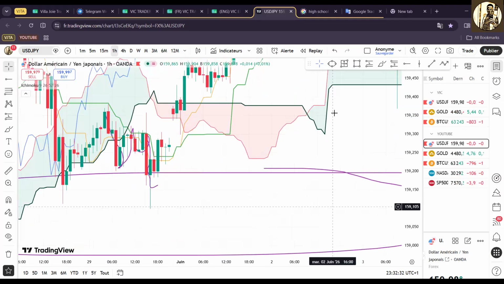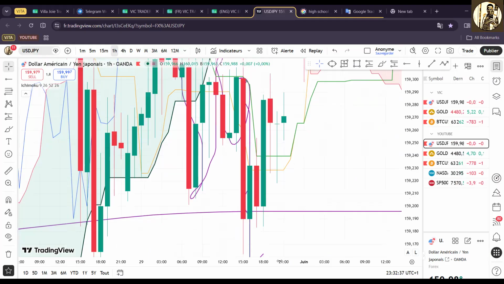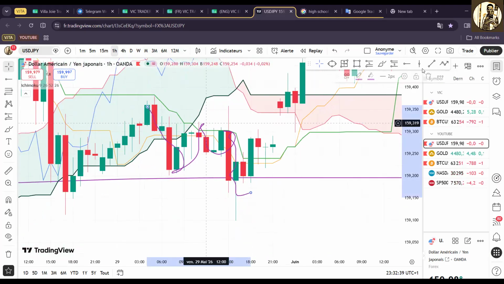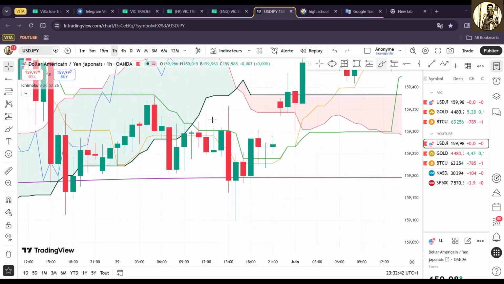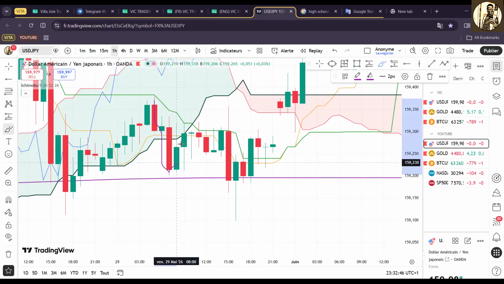Look, for example, the price went down, touched Tenkan and Kijun at the same time for the first time, went below, touched Tenkan and Kijun, went below, touched Tenkan and Kijun, went below, and then went below again.